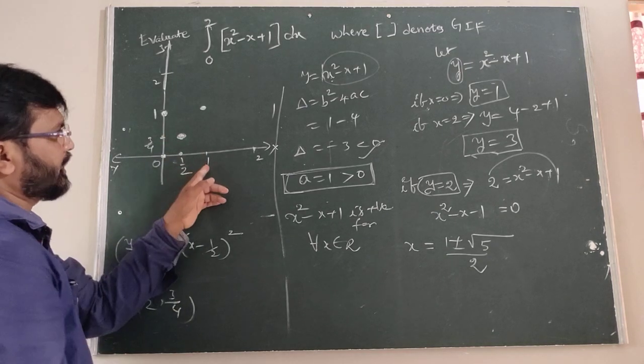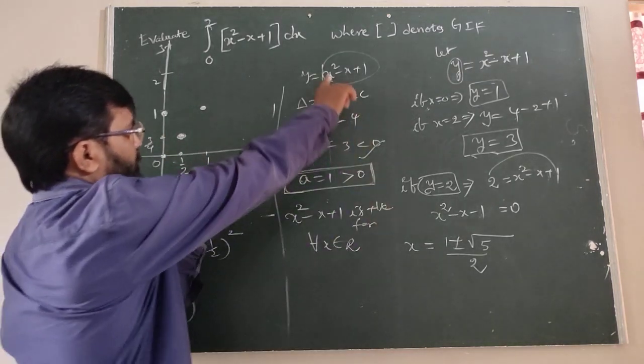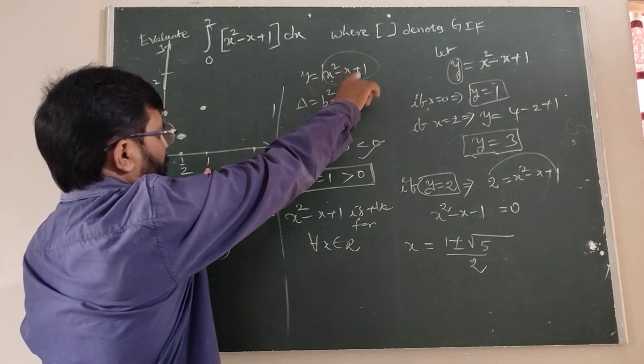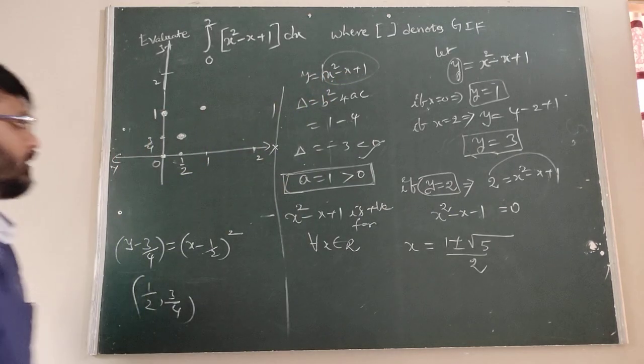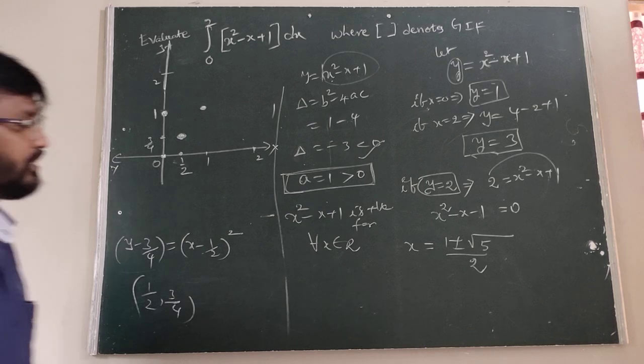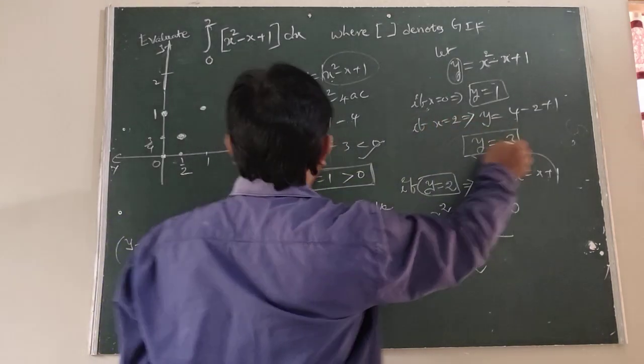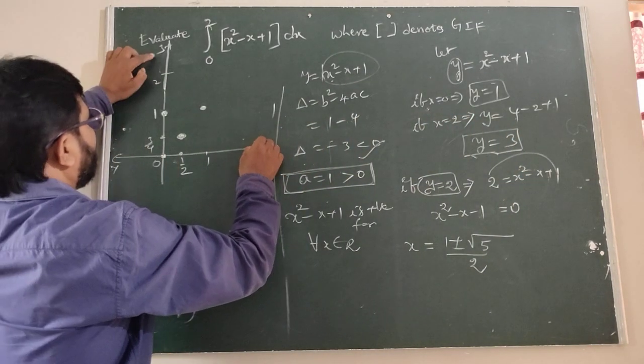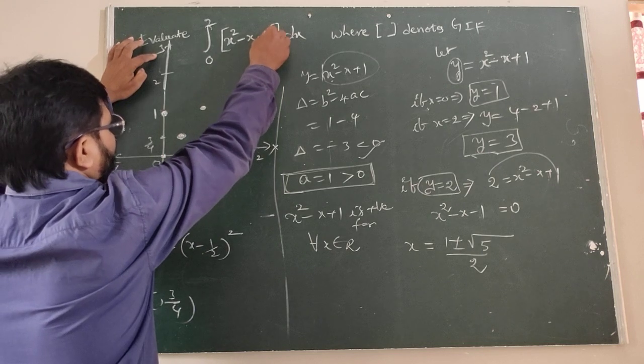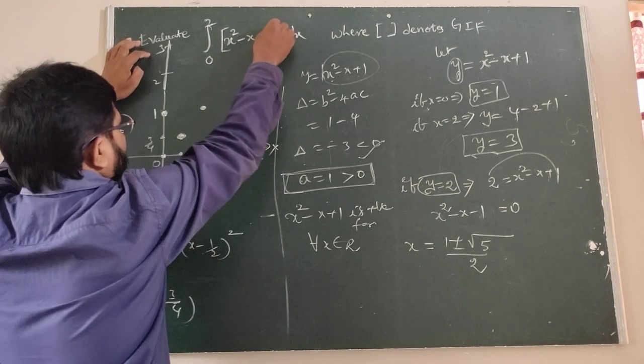When we are taking x equal to 1, 1 minus 1 is 0, y is also 1. When we are taking x equal to 2, then y must be 3.